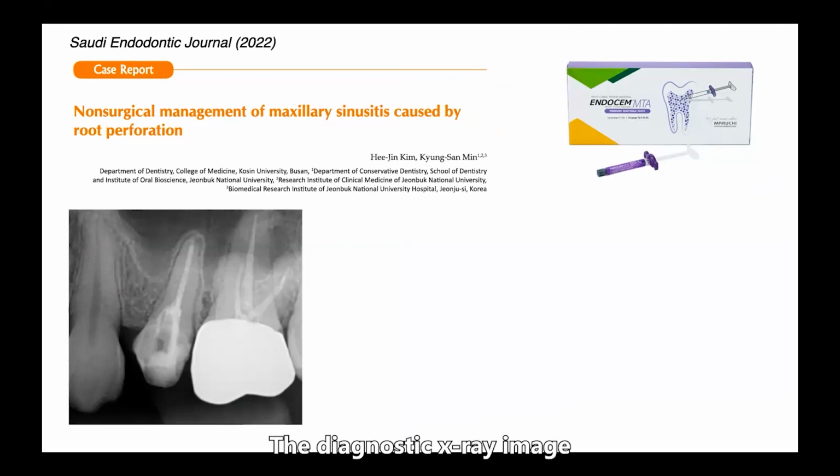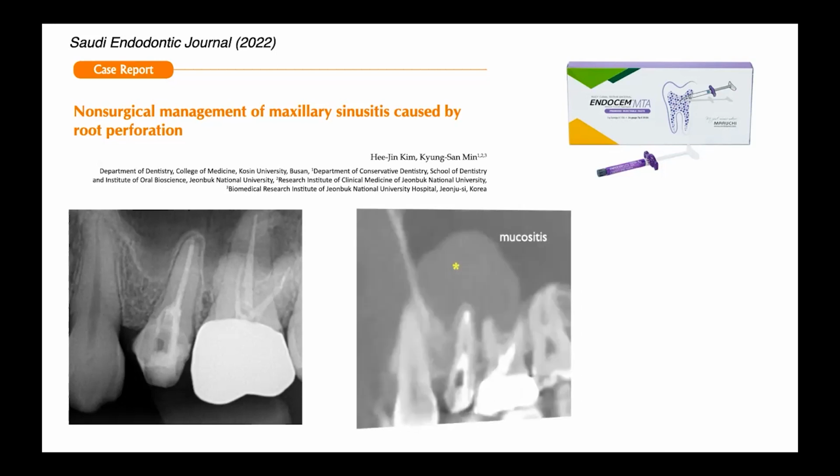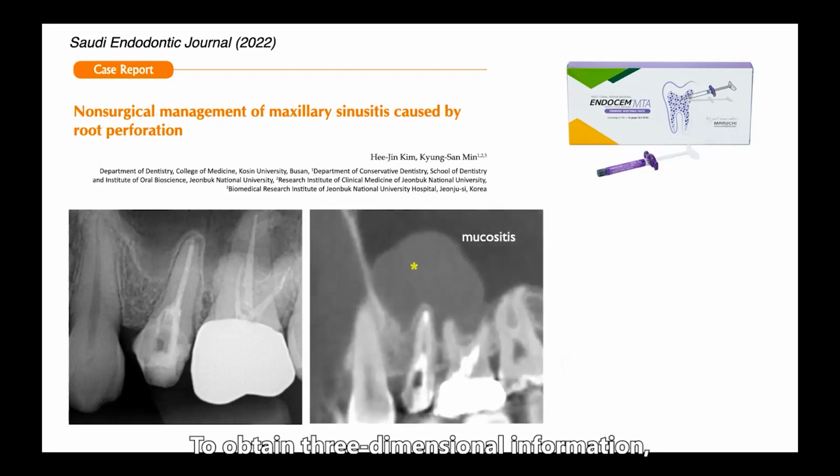The diagnostic X-ray image did not show any pathologic feature at all. To obtain three-dimensional information, a CBCT scan was taken, and a big mucositis was recognized. I also found a root perforation as well.